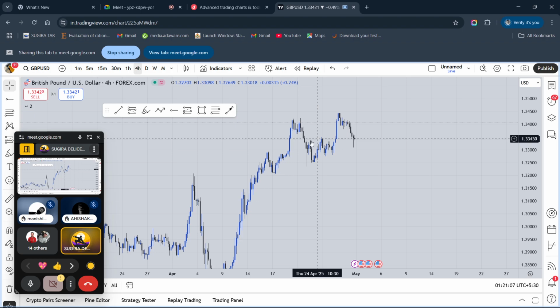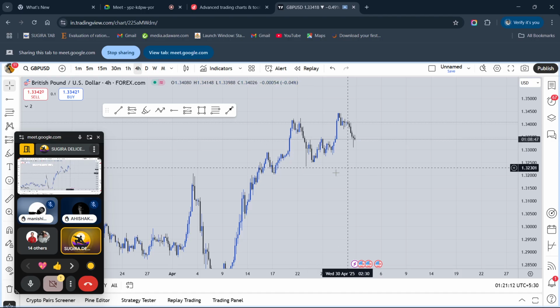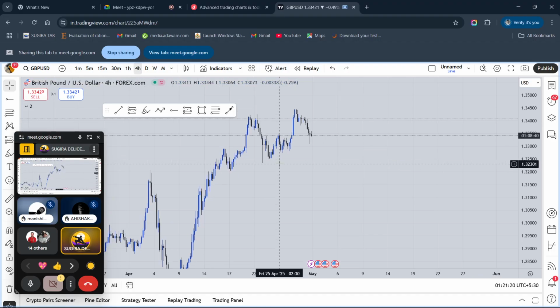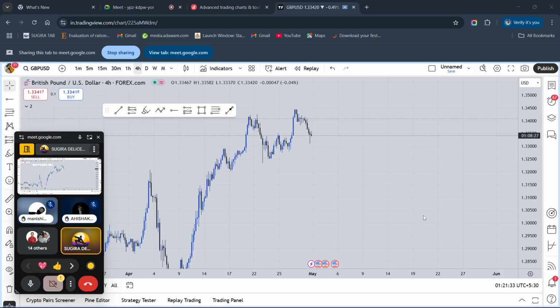You need to use the 4 hour time frame as your analysis time frame, and then your 1 hour time frame to mark out or find opportunities, and your 30 minutes, 15 minutes and 5 minutes for your entries. 15 minutes and 5 minutes for your entries.